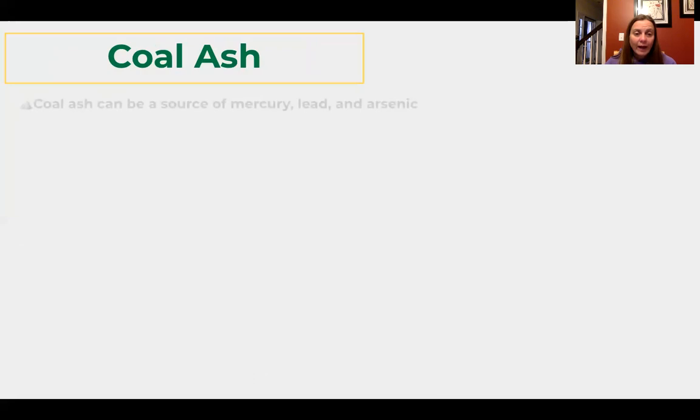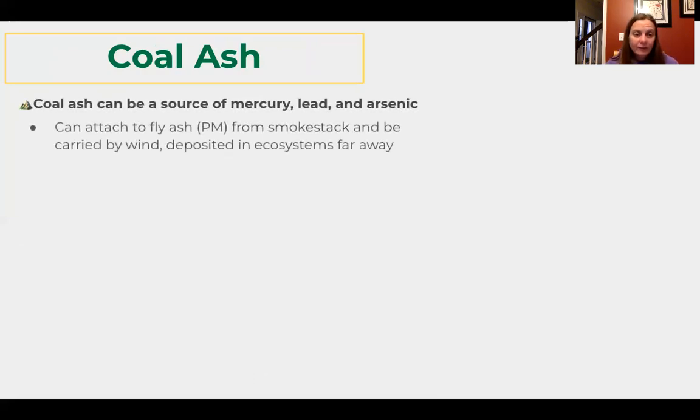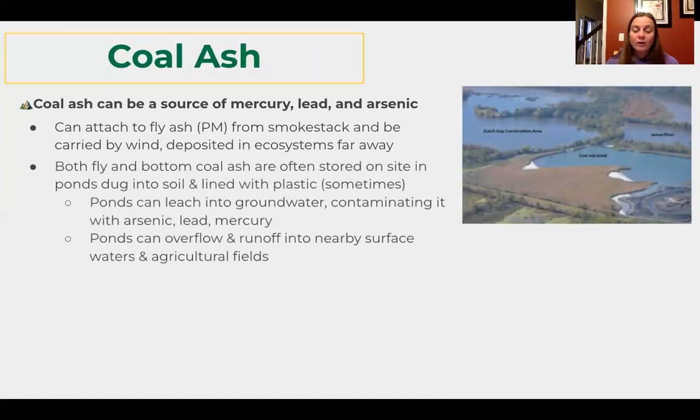Okay, coal ash can be a huge source of mercury, lead, and arsenic. So coal ash can be emitted from the smokestack, particularly if you don't have good filtration systems that we talked about when we talked about atmospheric pollution, and it can be carried by the wind and gets deposited in ecosystems that are far, far away.